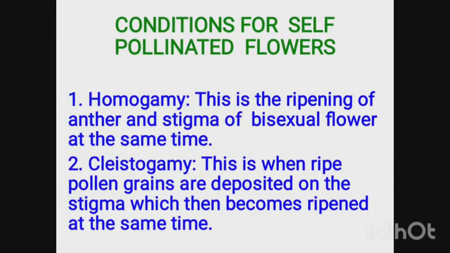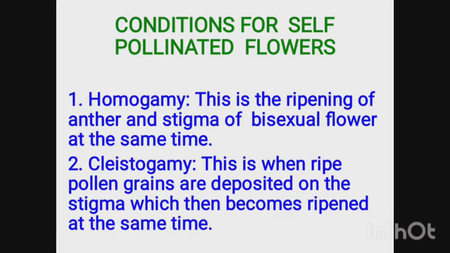Let's look at conditions for self-pollinated flowers. Now, there are some conditions that must be met in order for self-pollination to take place. Number one, we have what we call homogamy. Homogamy is the ripening of the anther and the stigma of the bisexual flower at the same time.